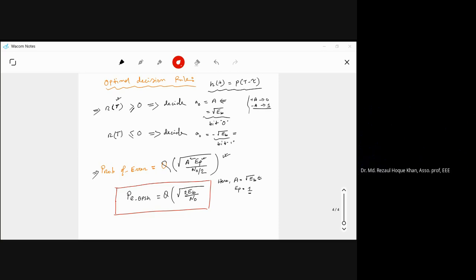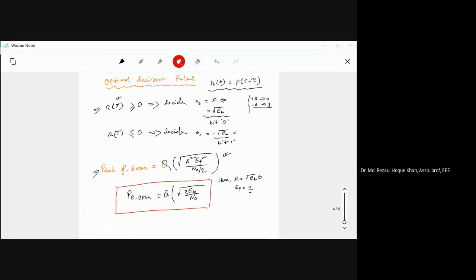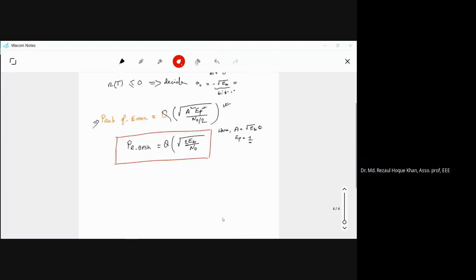Note that Q(x) is the integral from x to infinity of 1 over the square root of 2 pi times e to the power minus t squared by 2 dt.